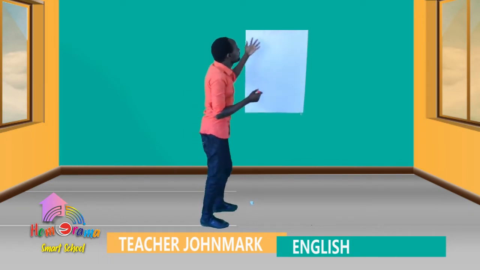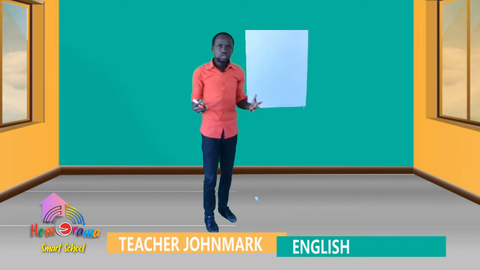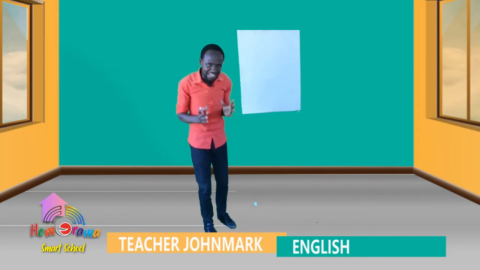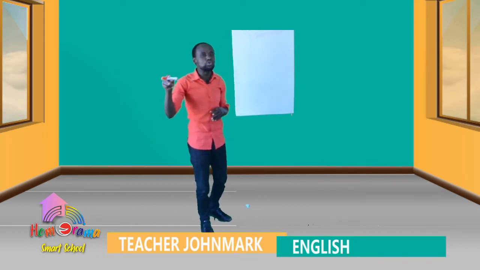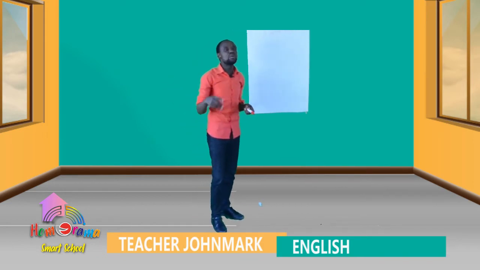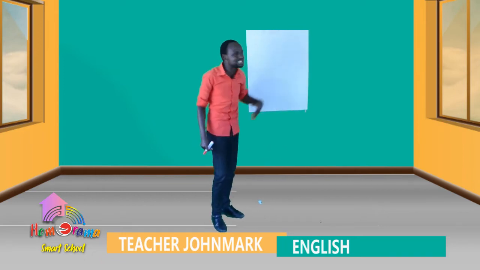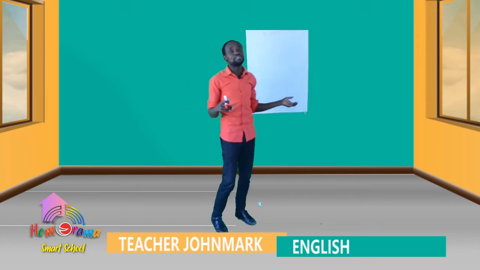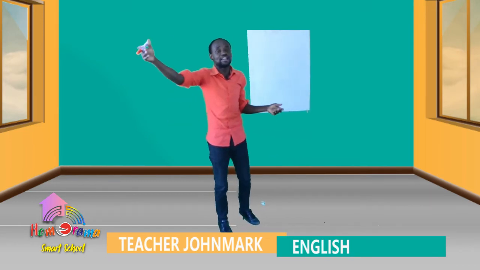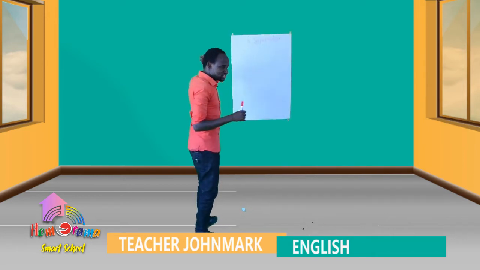Superlative. And therefore, superlative adjectives are used to describe items that are more than 2. If the number is more than 2, it can be 3, 4, or 5, what we use is superlative adjectives.